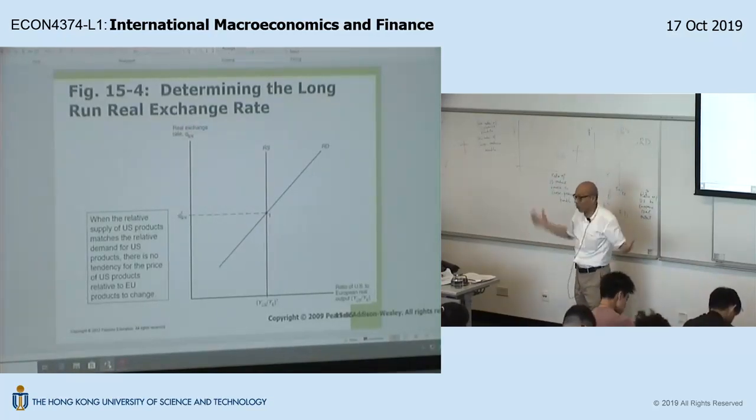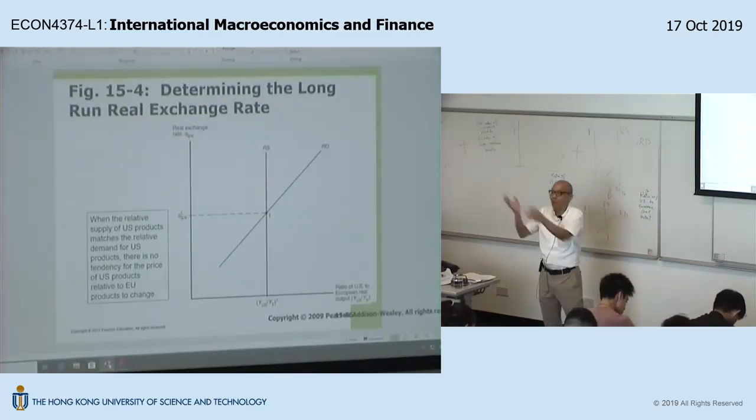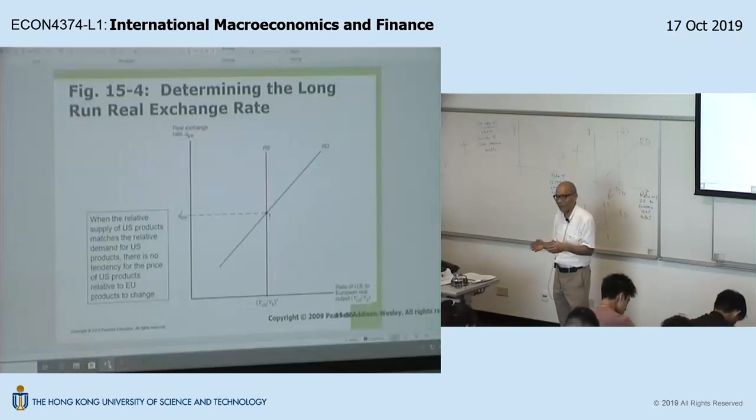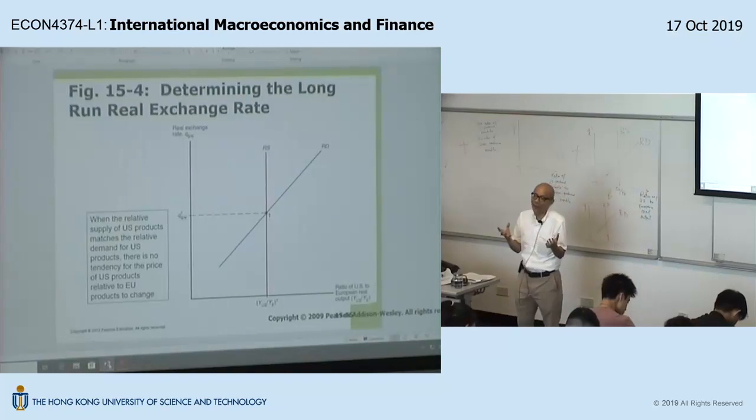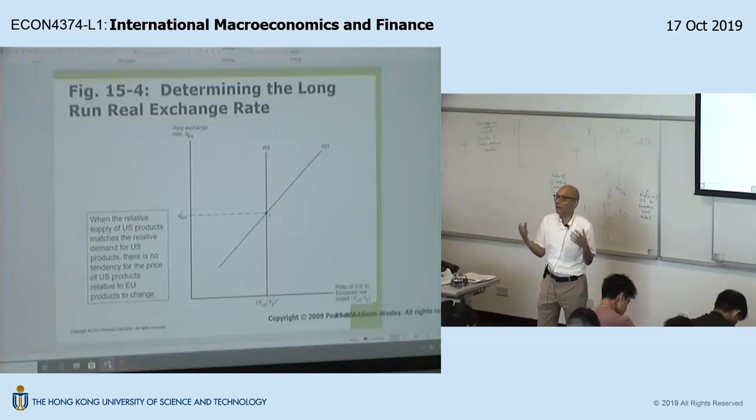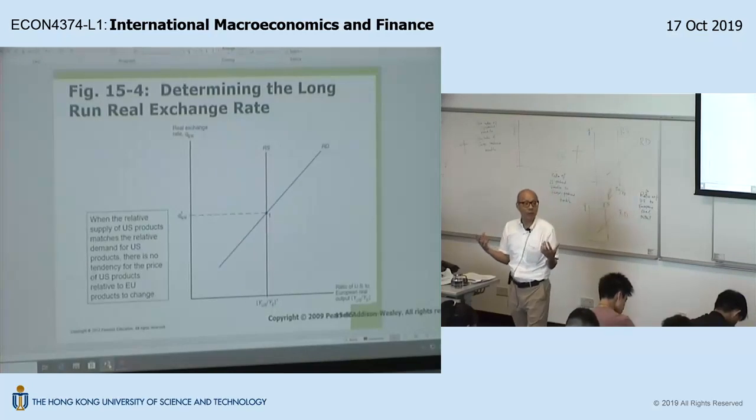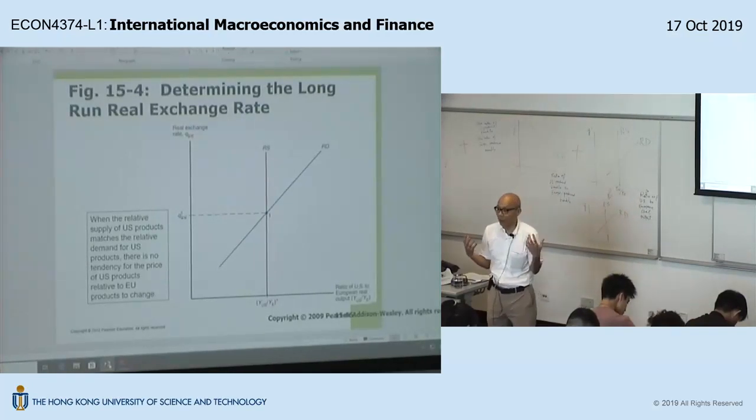Because this is the whole world's relative demand. And if you're a large country, it shifts your relative demand curve as well, right? But what can cause that? What can cause Americans to consume more U.S.-produced goods?